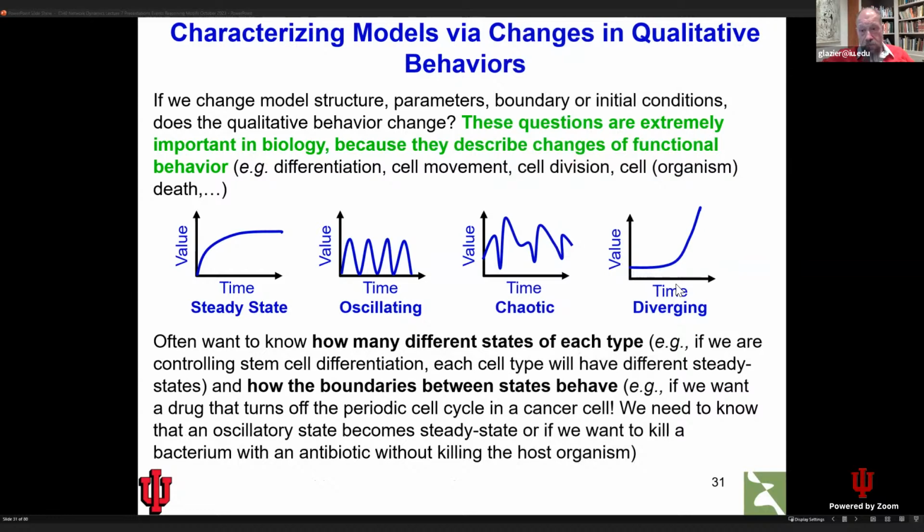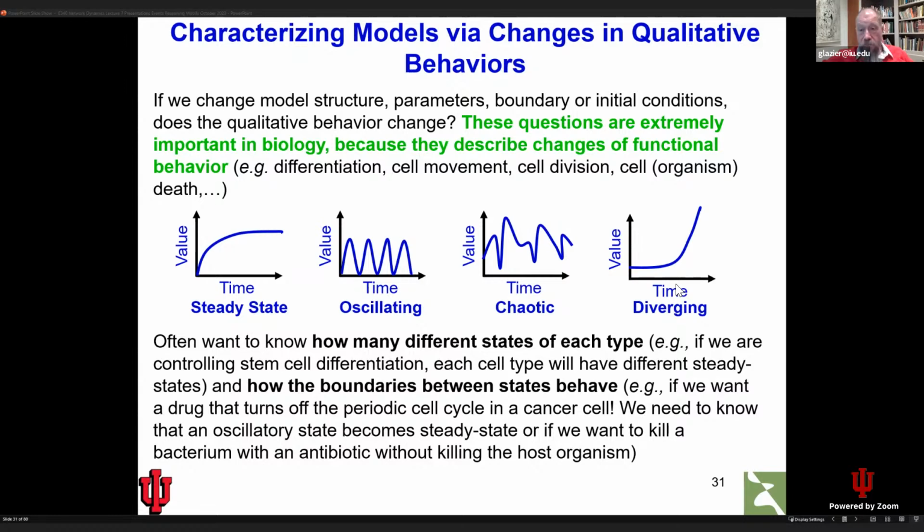And please stop me if there are questions, because these seem to be very simple concepts, but applying them in your own work is not something that's trivial to do. Okay, so the key question then is, if we change something in the model, Elmar talked about a perturbation of the model structure. We turn a gene on all the time instead of having it controlled.